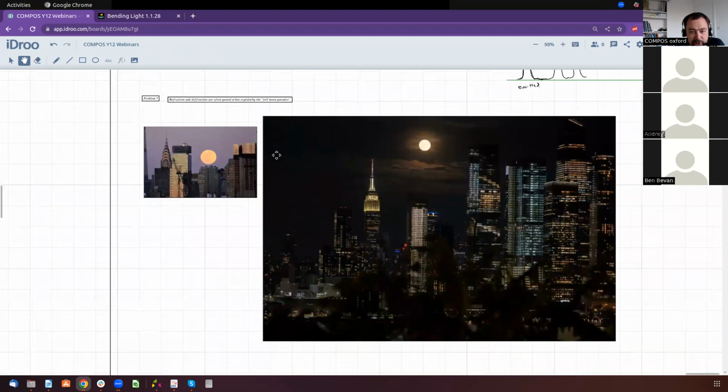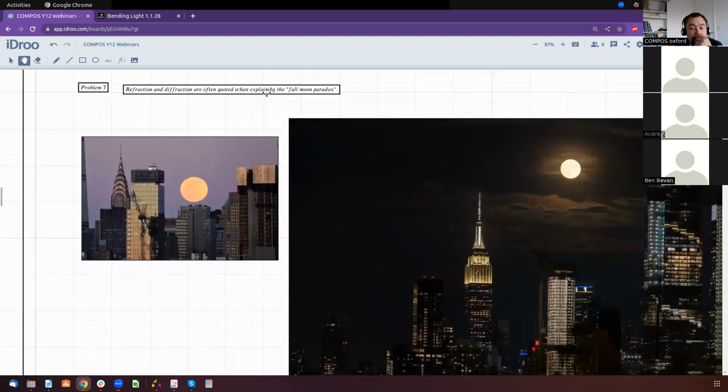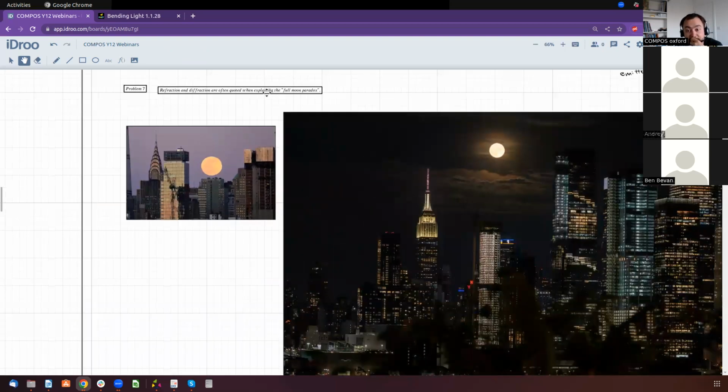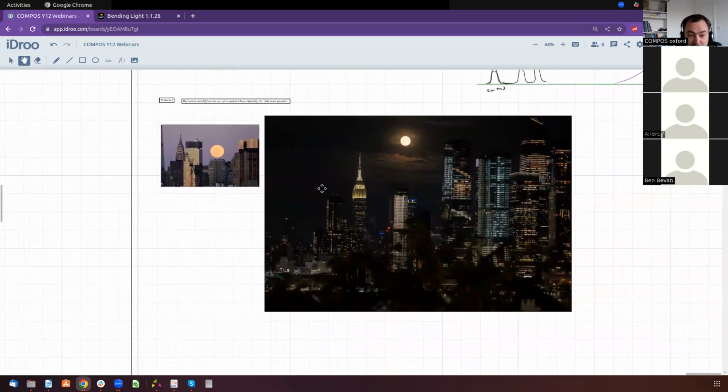Look at these two pictures. Refraction and diffraction are often quoted when explaining the full moon paradox. What the full moon paradox is: when you have moonrise, the full moon is always rising immediately after the sun is setting.